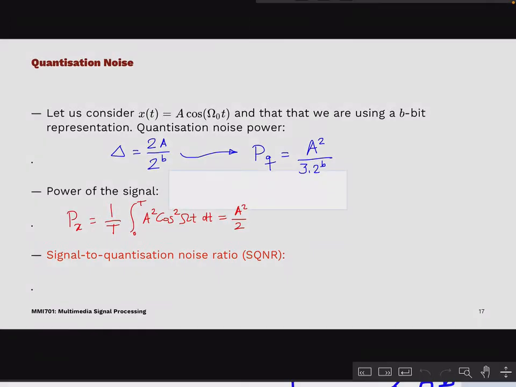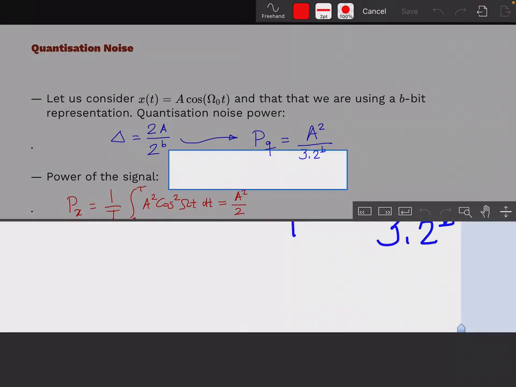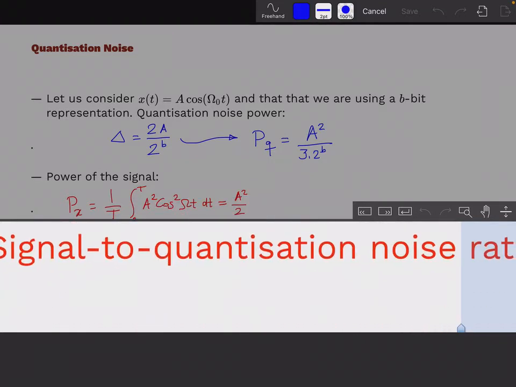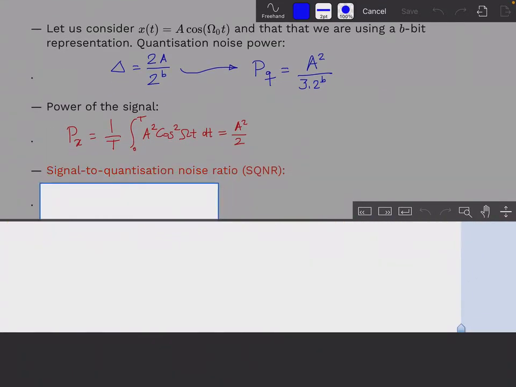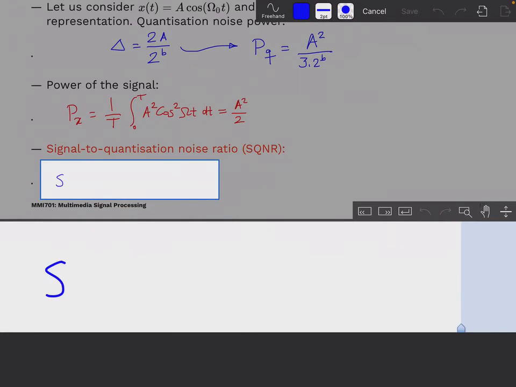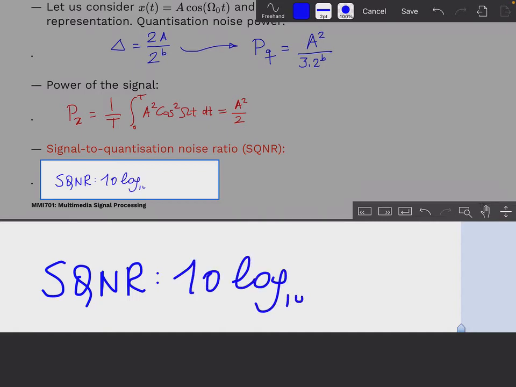So finally, we define the signal to quantization noise ratio, SQNR, which is given as 10 log 10 px over pq.